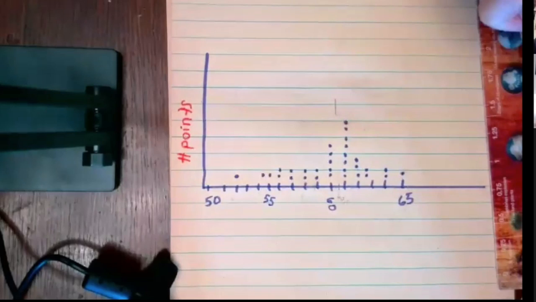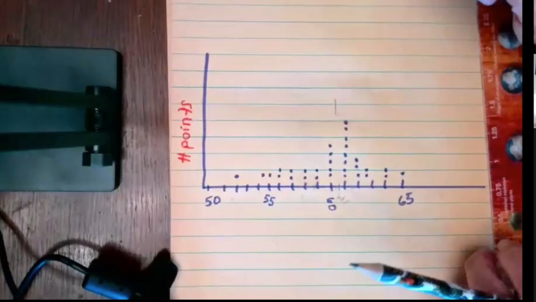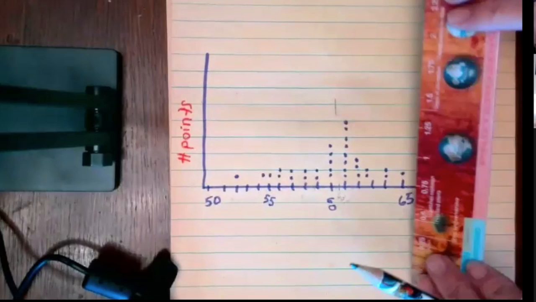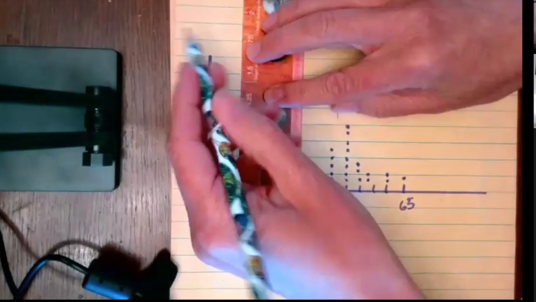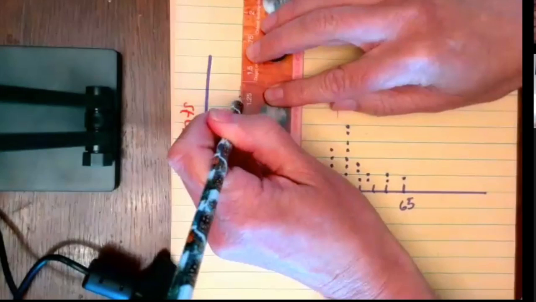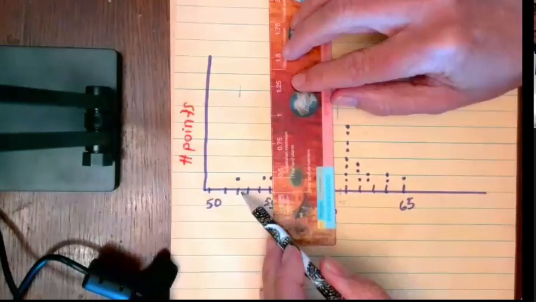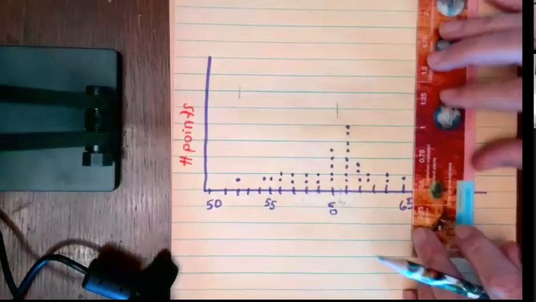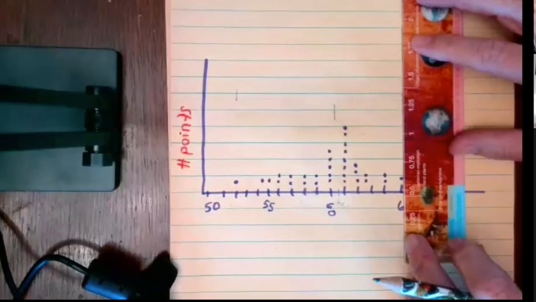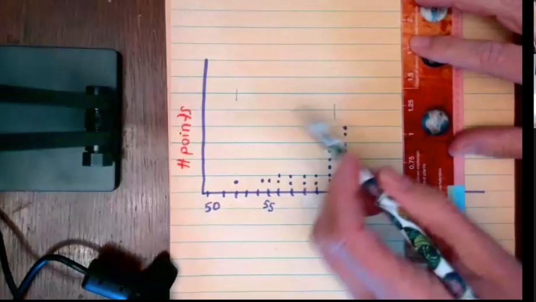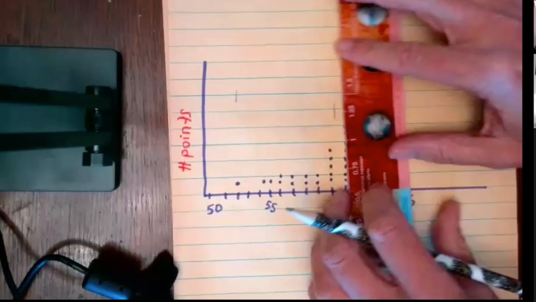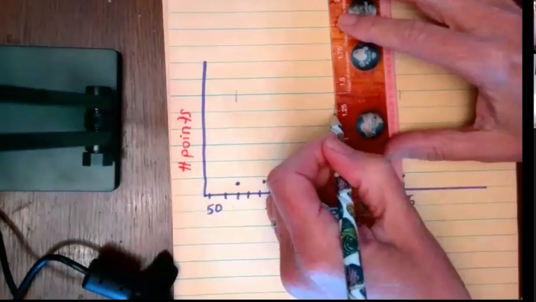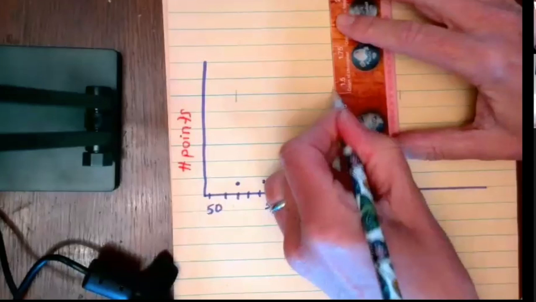Okay, great. So I'm also going to put a line above my dot plot at the lower range limit, which is 52. And I'm going to put a line above my dot plot on the upper range limit, which is 65. I'll try to get them all in a single line. There we go.